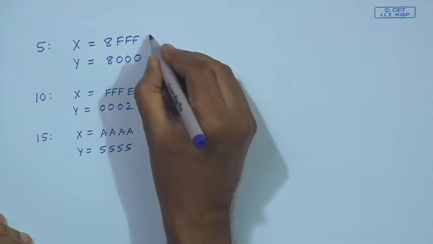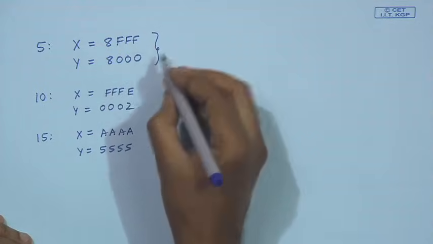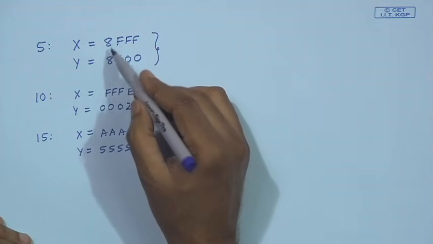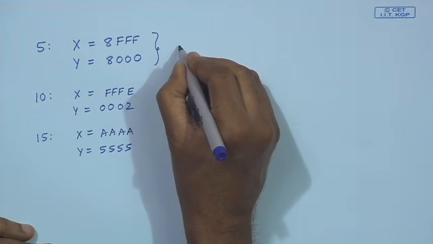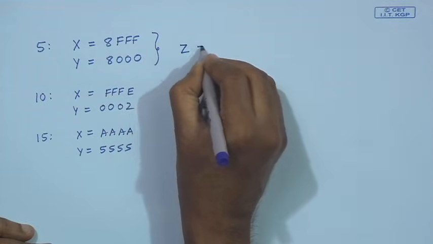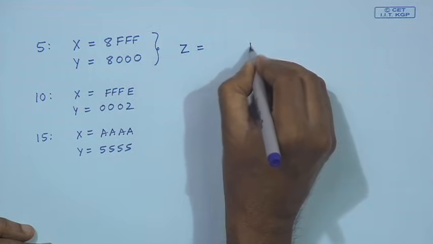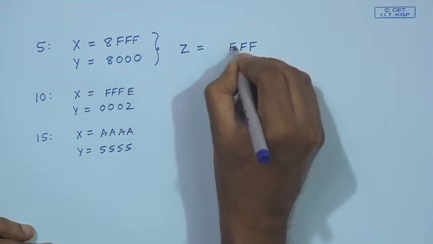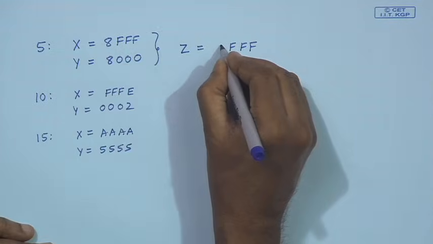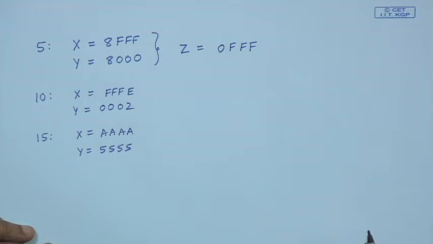Let us see just by normal addition what will be the sum. If I just add x equal to 8FFF and y equal to 8000, z will be F and 0 is F, F and 0 is F, F and 0 is F, and 8 and 8 will be 0 and there will be a carry out.